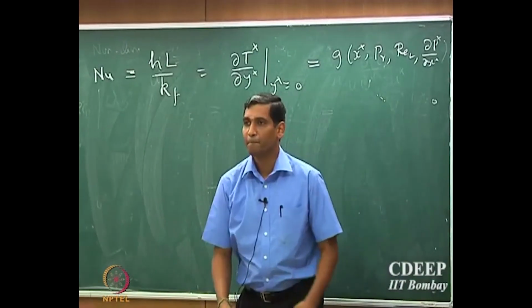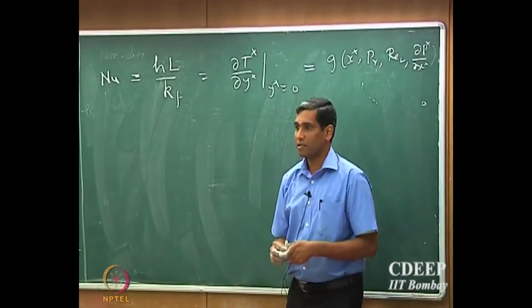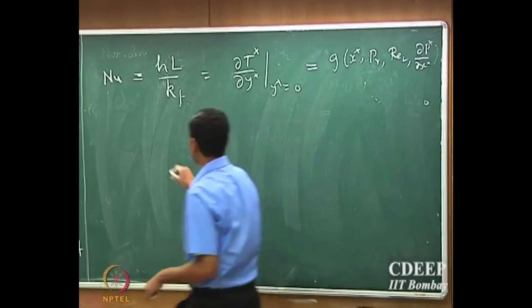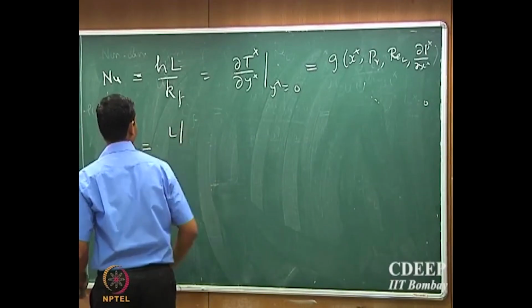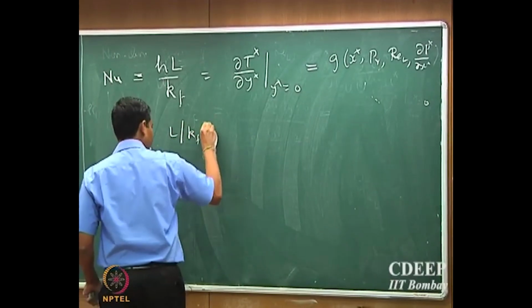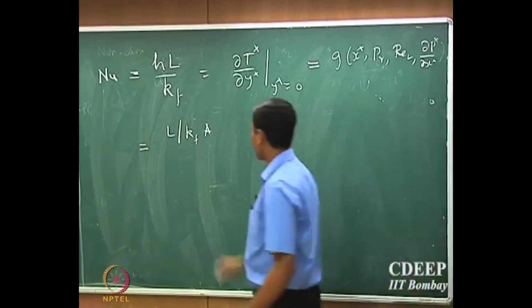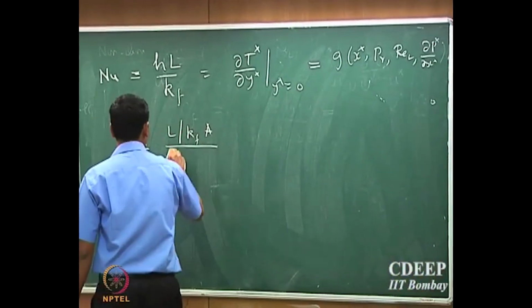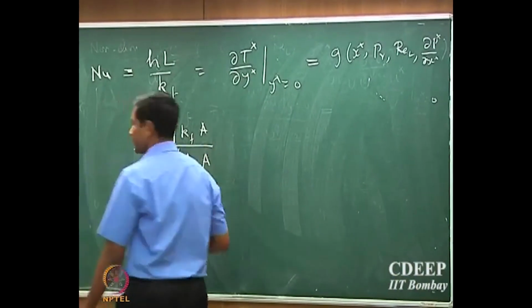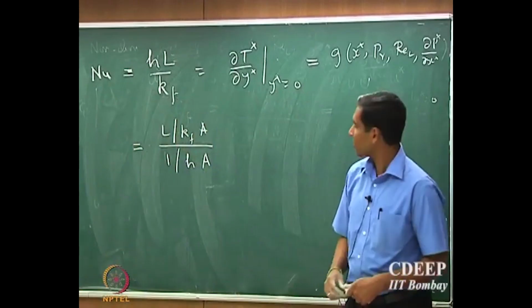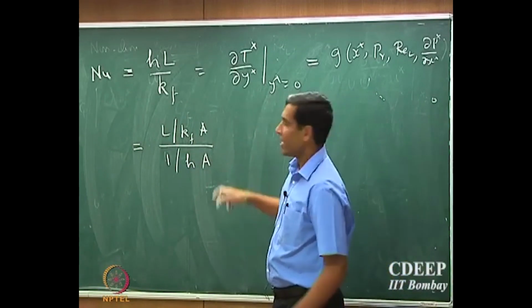What does it signify? So this is L by kf A, where A is the local area of heat transport, divided by 1 by hA. So you can rewrite it as (L by kf A) divided by (1 by hA).